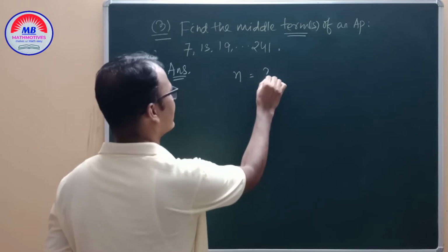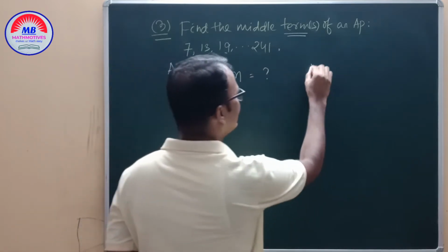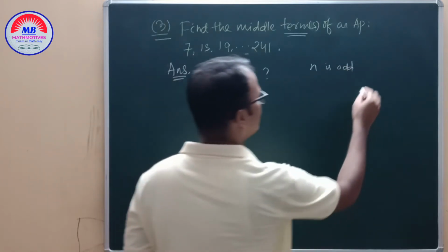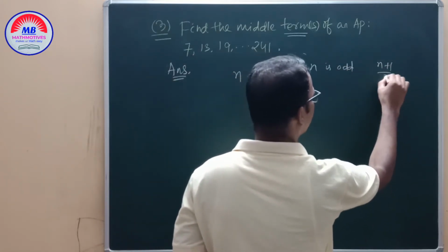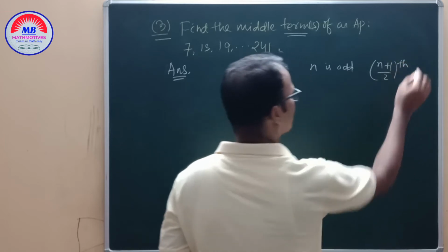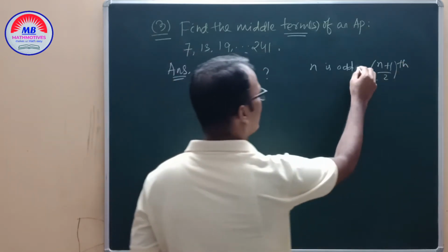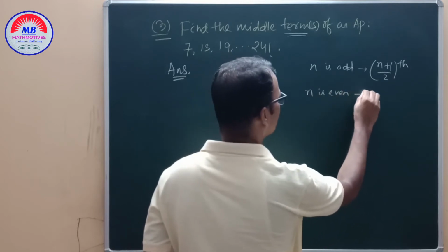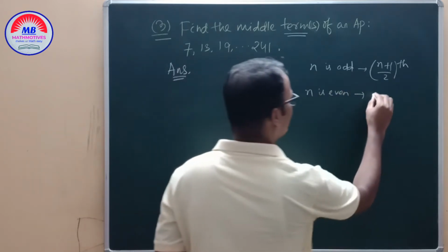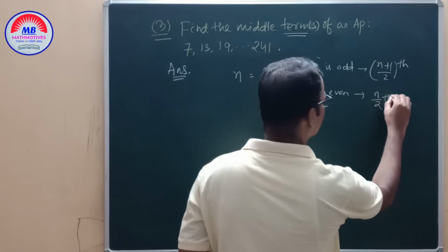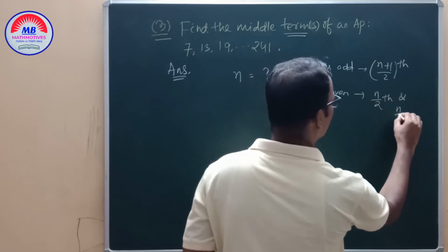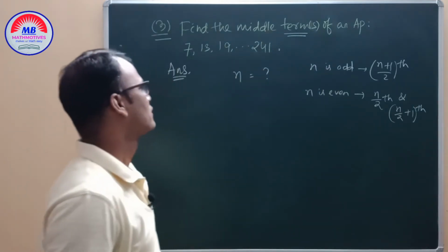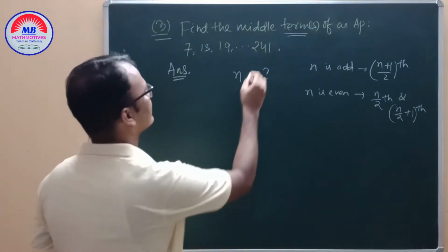If n is odd, the middle term is (n plus 1) by 2th term. If n is even, then there will be two middle terms: one is n by 2th term and the other is (n by 2 plus 1)th term. So first find n.